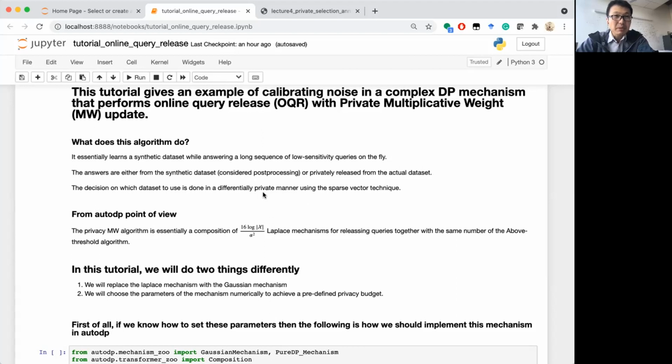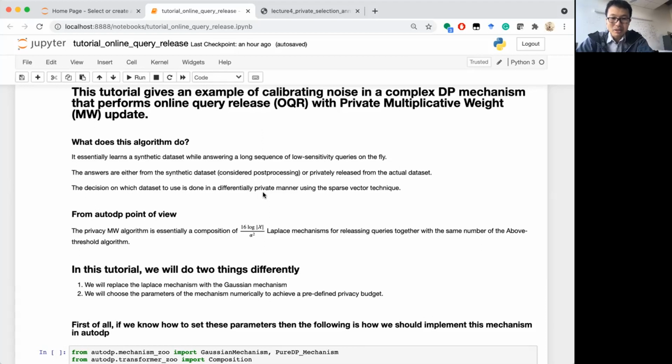From the AutoDP point of view, the private multiplicative weight algorithm is nothing but a composition of k mechanisms for checking the threshold, for screening the input queries. We call it the above threshold algorithm or the sparse vector technique. It's composed with k Laplace mechanisms, or in our case, Gaussian mechanisms, interlaced in between.